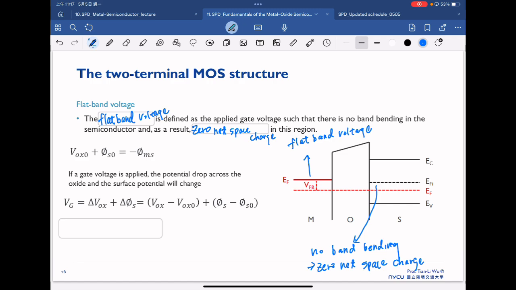So if a gate voltage is applied, the potential drop across the oxide and the surface potential will change, and therefore V_G is equal to the additional bias in the oxide plus the additional bias in the surface, where we can consider both V_ox0 and phi_s0, where this is our phi_ms.